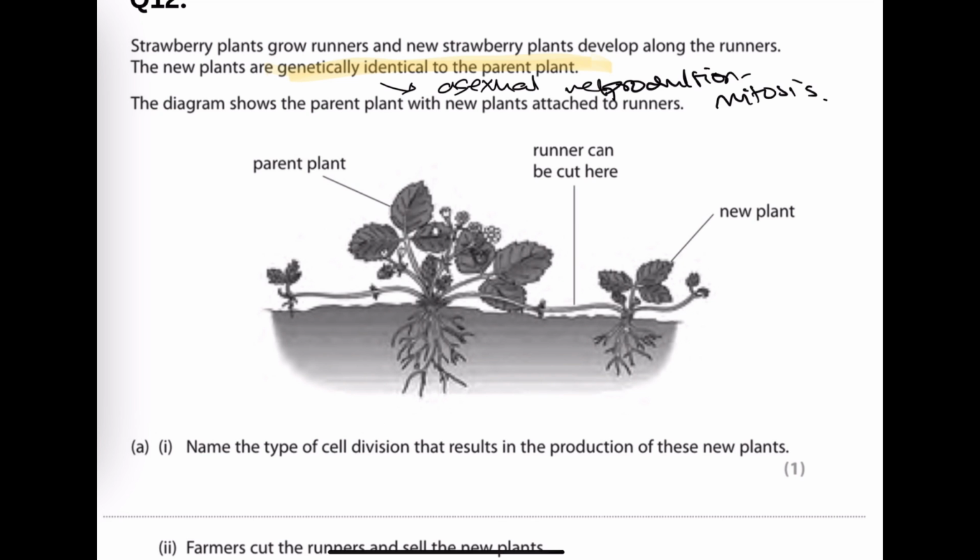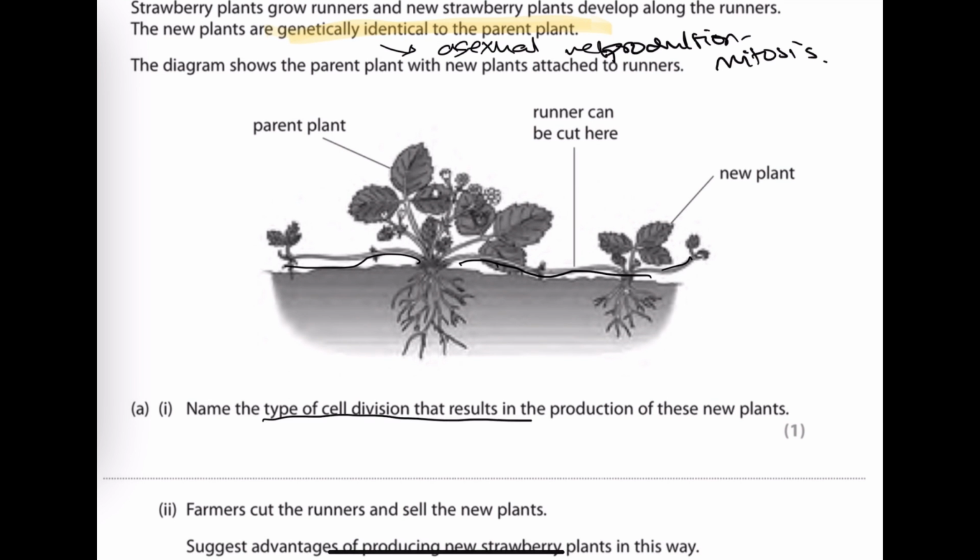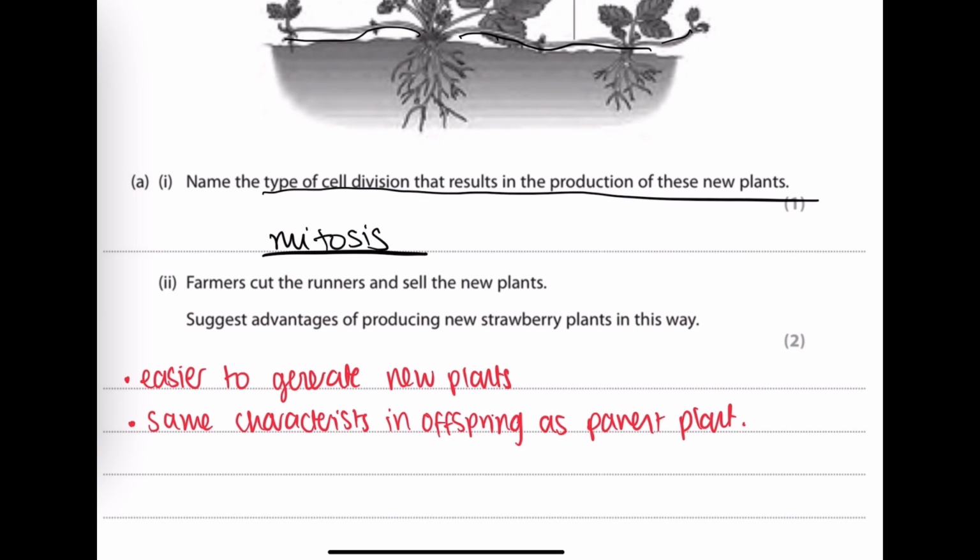So this is the parent plant, and these are the runners over here. Now name the cell division that results in the new plants. That is mitosis. This is because mitosis creates genetically identical cells, whereas meiosis creates non-genetically identical daughter cells.